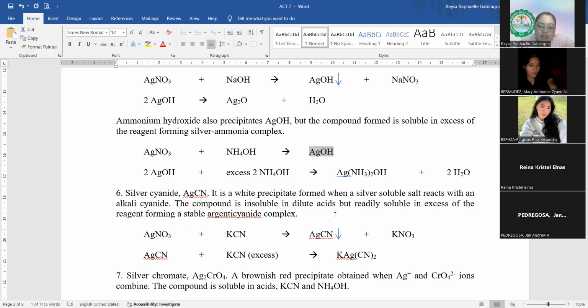The silver hydroxide is actually soluble. Okay? Anyway, I'll give you a copy of the table later. We will also fill out the table later so it is clear to you whether it is soluble or not. Because in sodium hydroxide, it is insoluble.